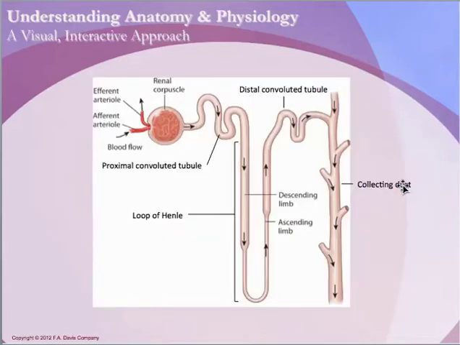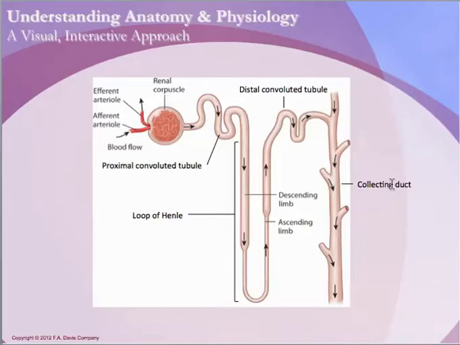This picture is going to show us the rest of the nephron, which consists of the renal tubules. So we have the proximal tubules, the loop of Henle, the distal tubules, and the collecting duct. Once blood enters the glomerulus and starts to become filtered, we get what we call renal filtrate, which goes into these tubules.